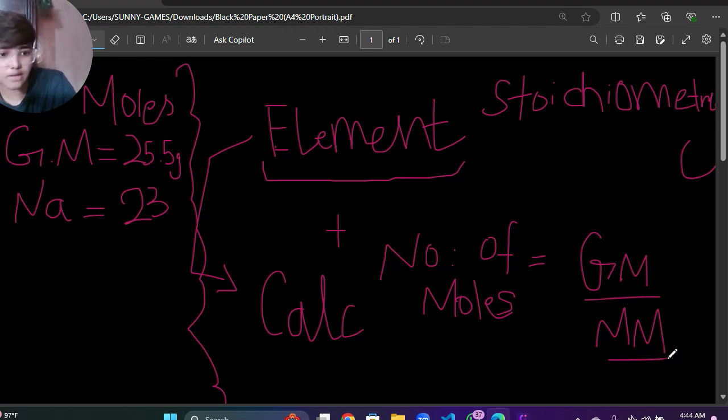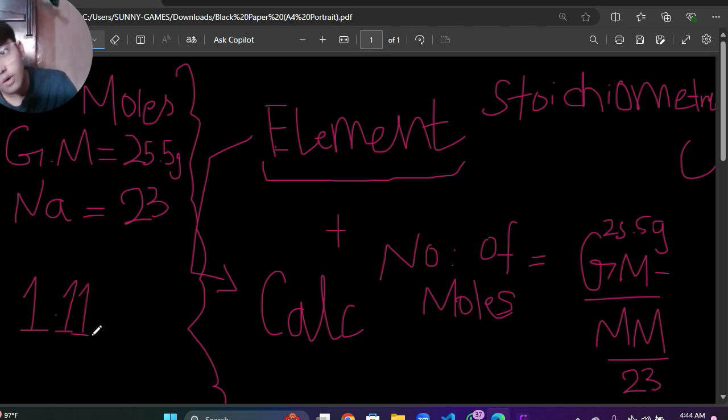Now molecular mass is 23. I will just put 23 here, and same goes for given mass, that is 25.5 gram here. Just calculate it and you will have your answer as 1.11. Now you will add the unit moles here. That is how we solve any example in a basic way of a mole.